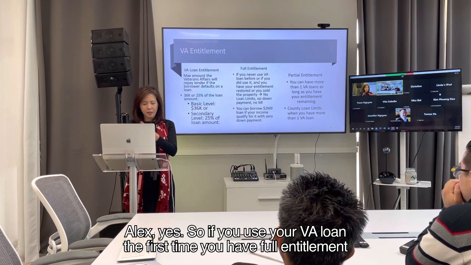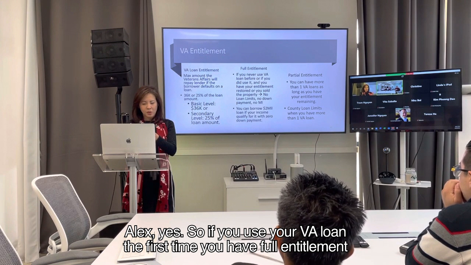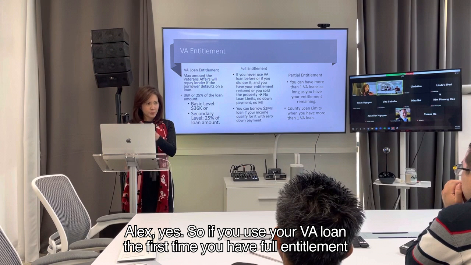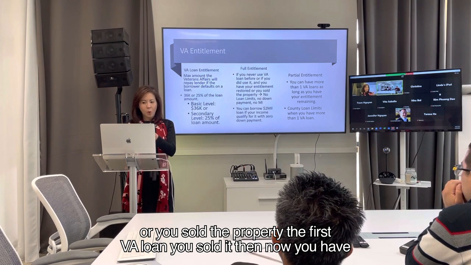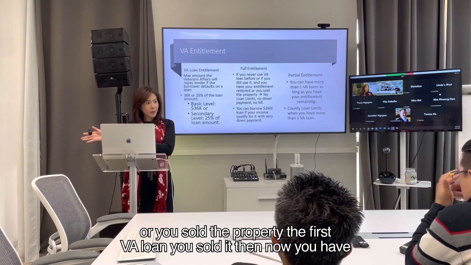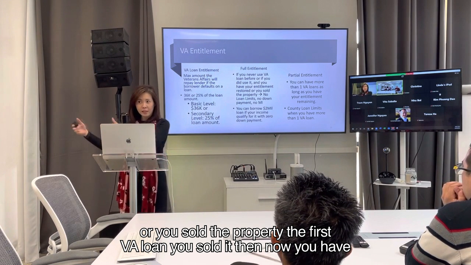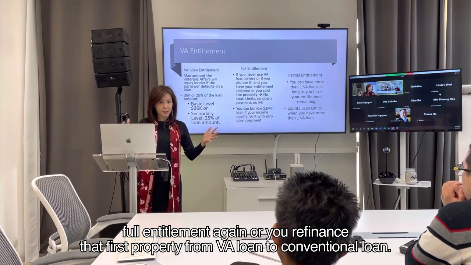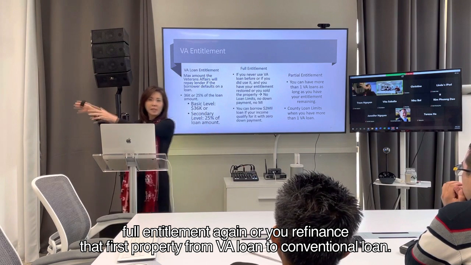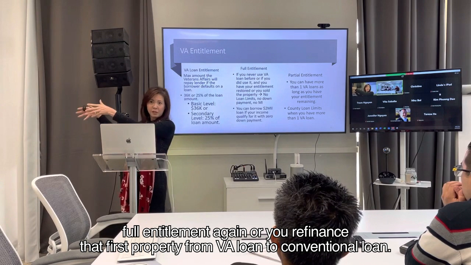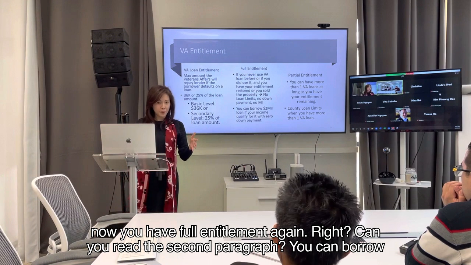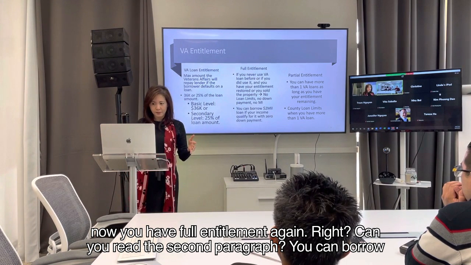If you use your VA loan the first time, you have full entitlement. Or you sold the property, the first VA loan, then now you have full entitlement again. Or you refinance that first property from VA loan to conventional loan, now you have full entitlement again, right?